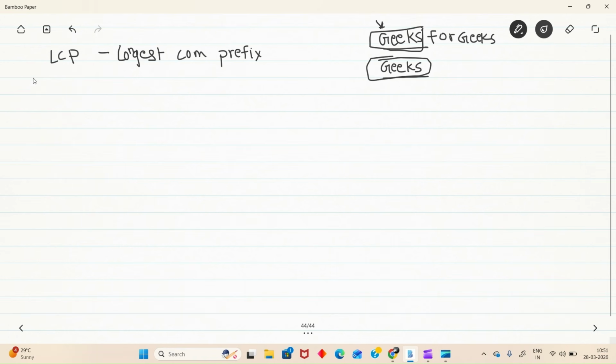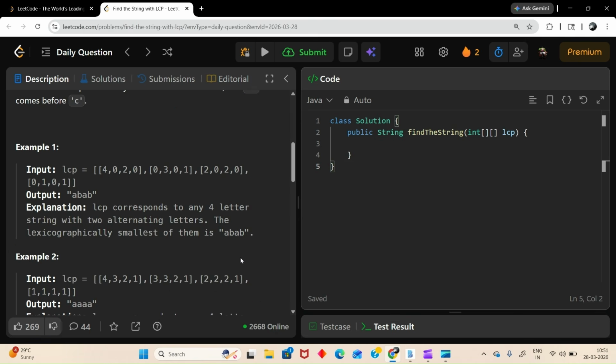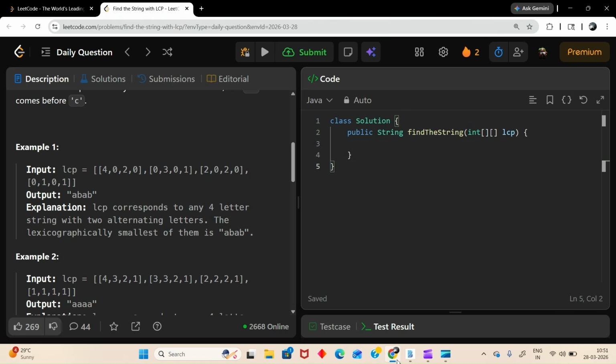Now what is given? We are given a matrix. Let's take this example: 4020, 0301, 2020 and 0101. We'll take the same example to understand the question.